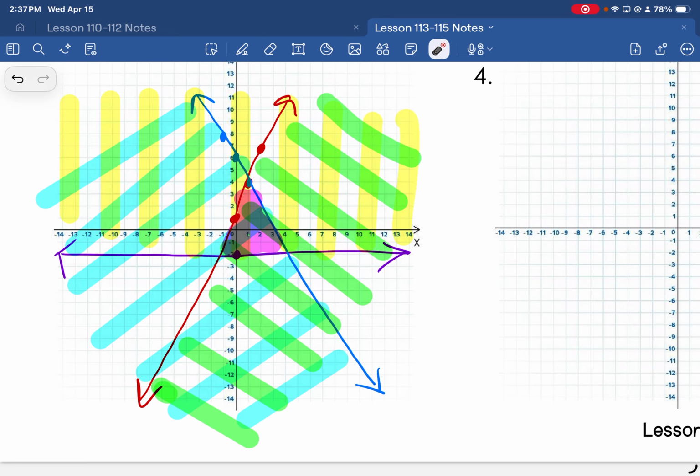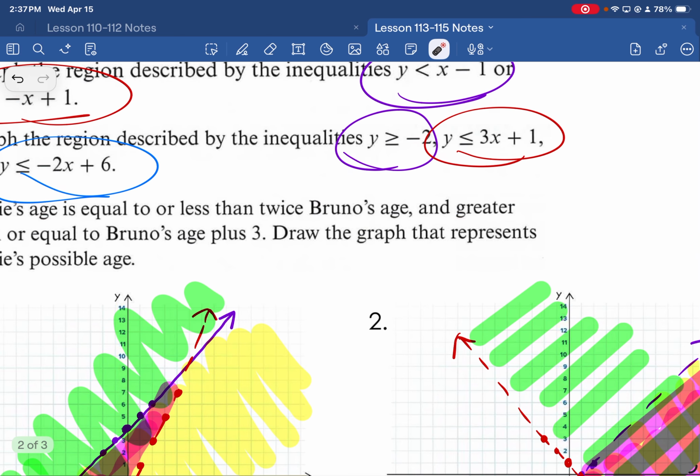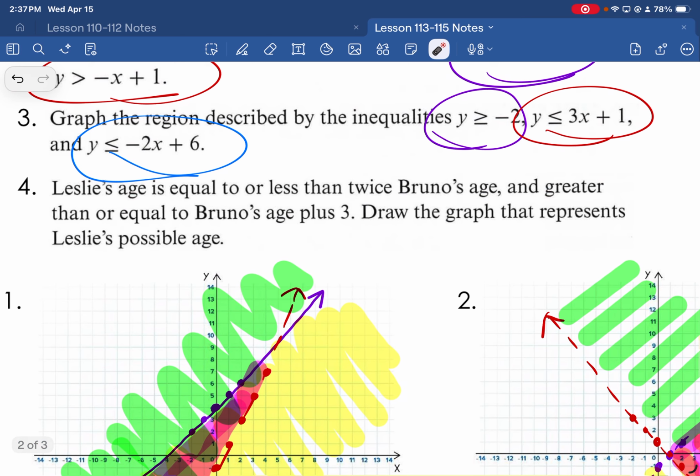Okay, I really want to work this word problem one with you because they don't give you the equations. So it says here that Leslie's age is equal to or less than, you hear that talk? Less than or equal to twice Bruno's age.